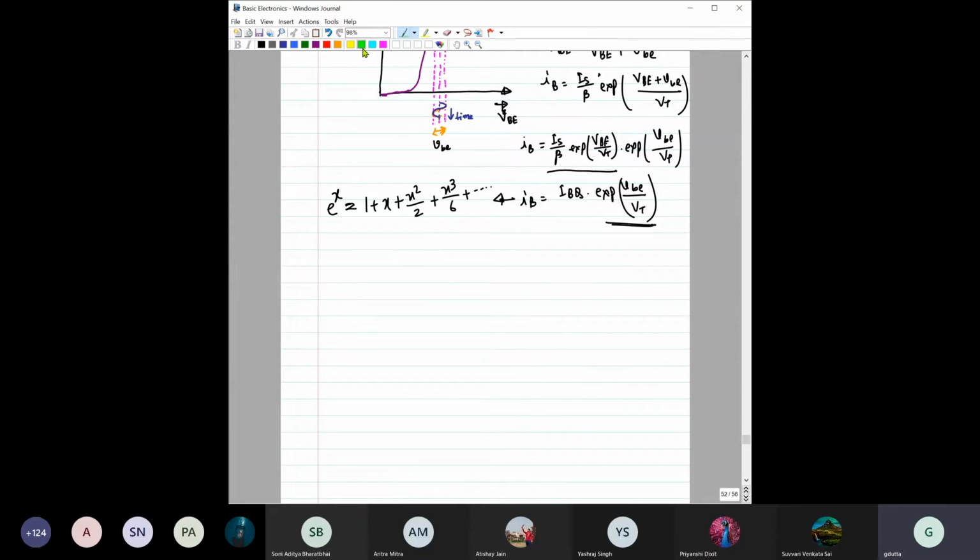Now, if this x is less than 1, then the square, cube, and higher order terms can be neglected, isn't it? If it is so, then we can take only the first two terms. So IBQ into 1 plus small v, small b, small e by VT.